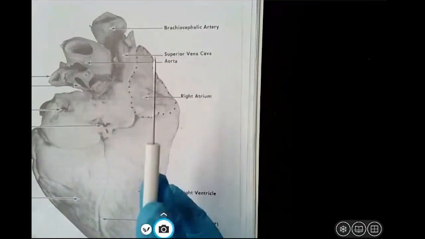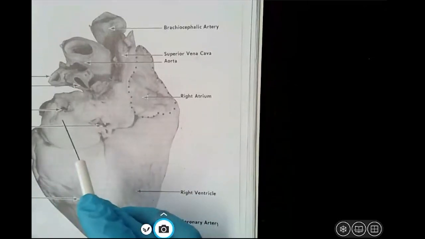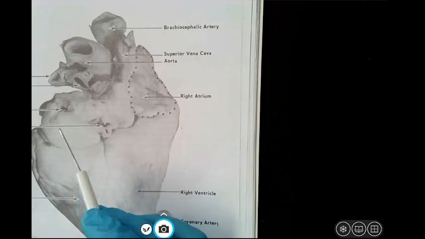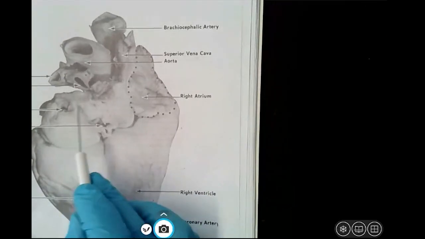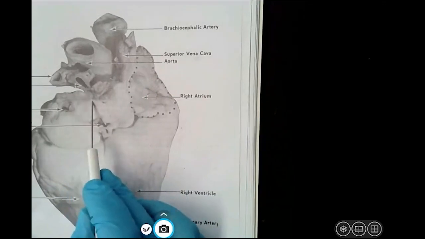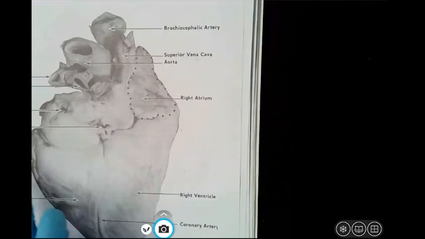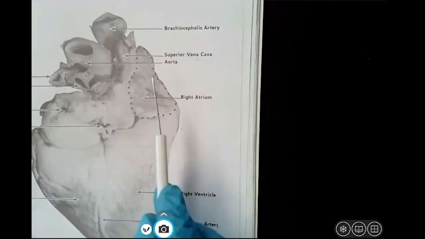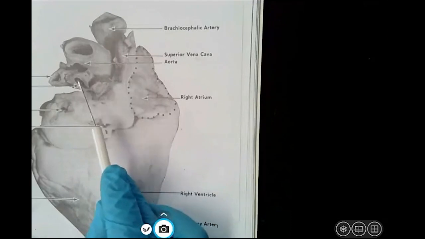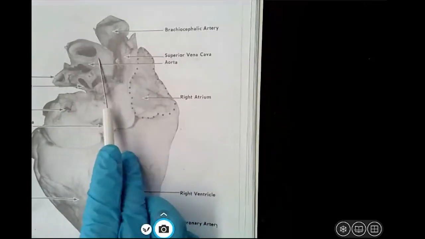And then once they go through the pulmonary artery, they're coming back through the pulmonary veins, which are right here. They're smaller, and there's usually 4. And then there's your pulmonary artery right there. So it goes to the lungs, comes back, enters there. There's your vena cava, superior and inferior. And your aorta.